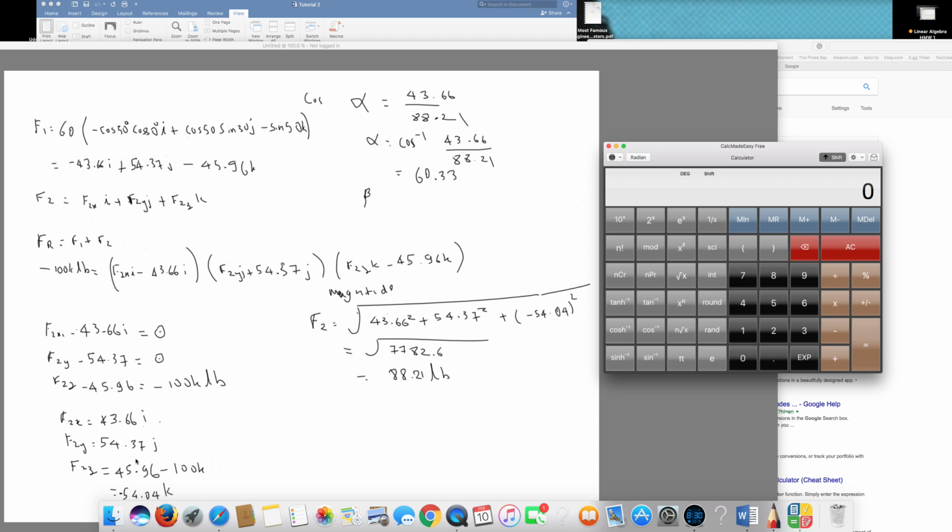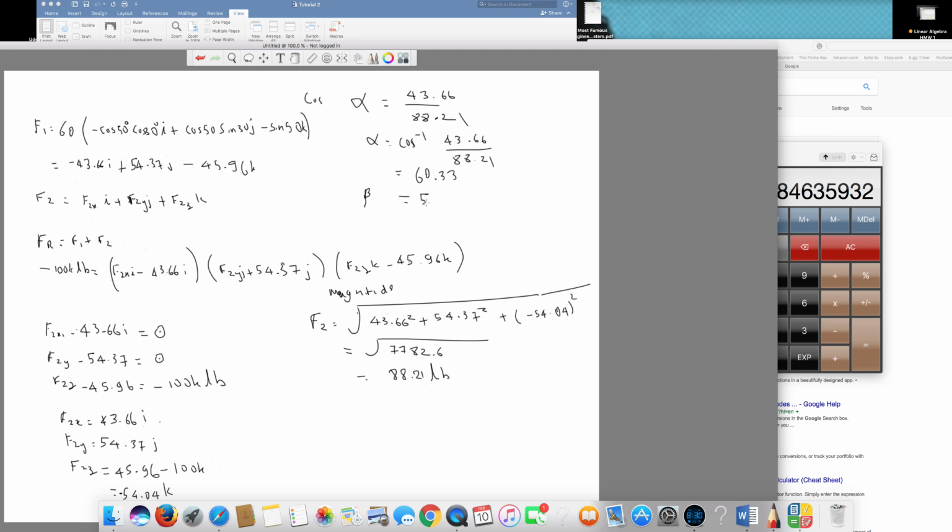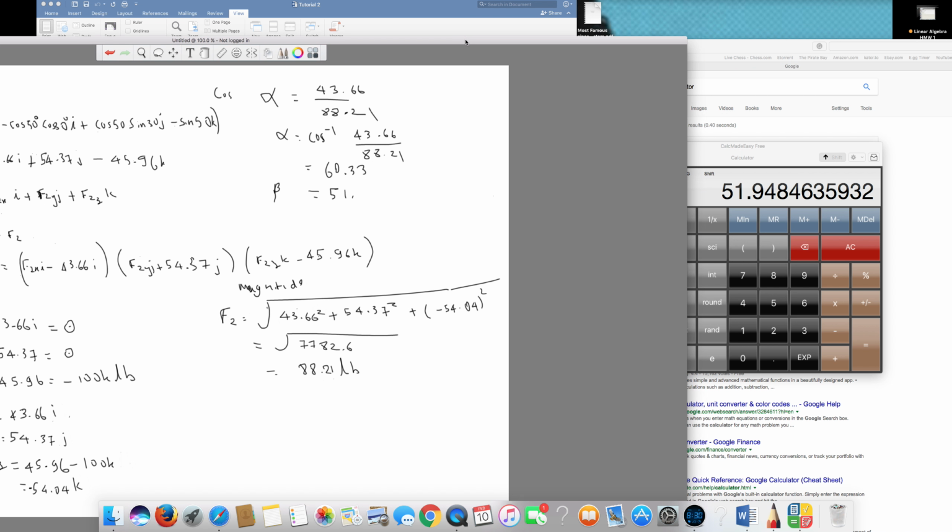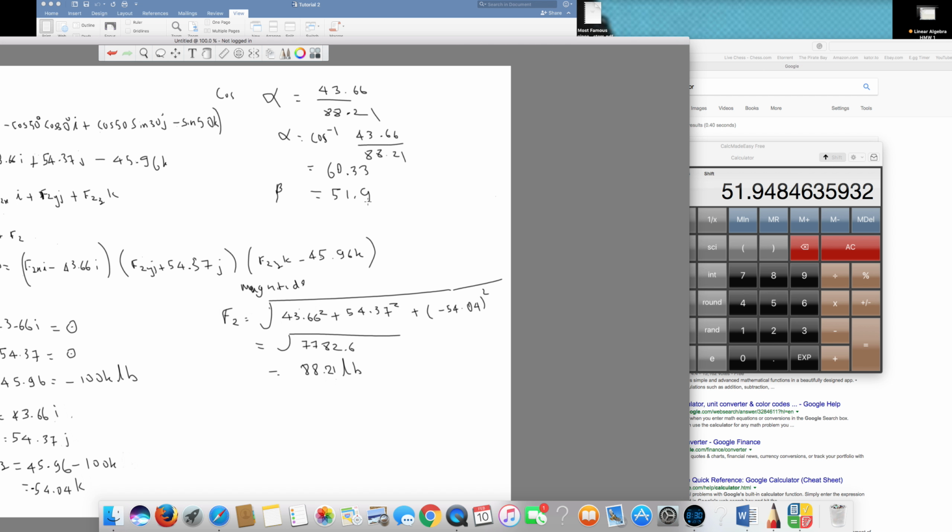So 54.37 divided by 88.21 is equal to this number. And if I cos inverse this one, 51.95 degrees. So this is my beta.